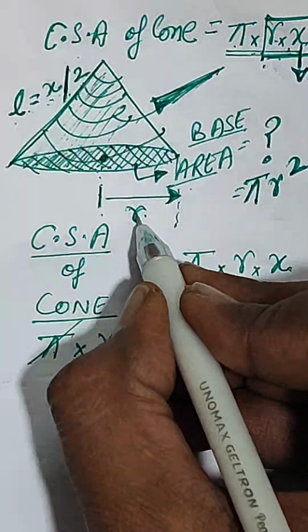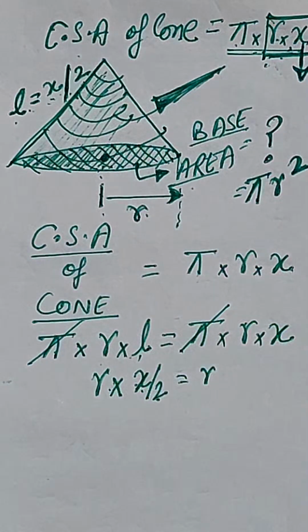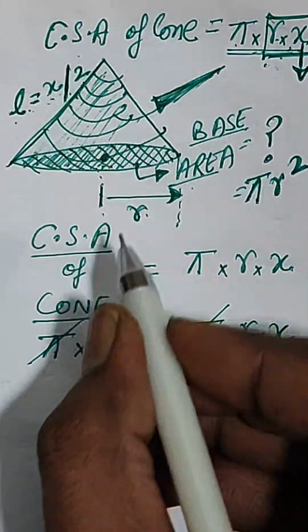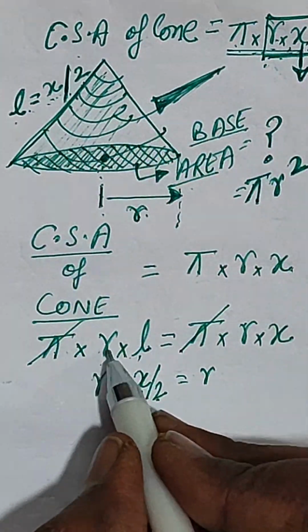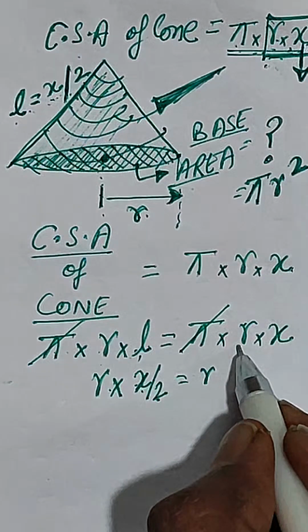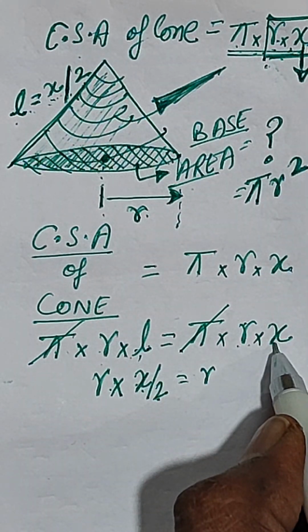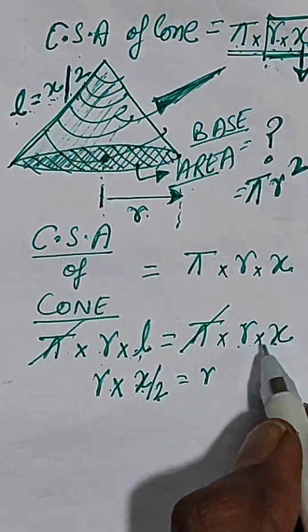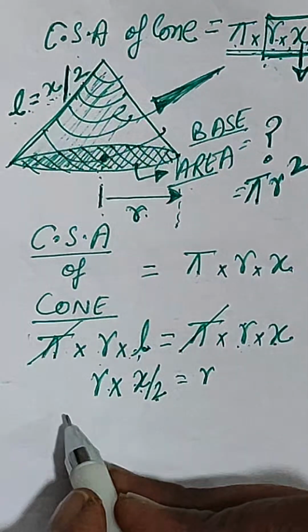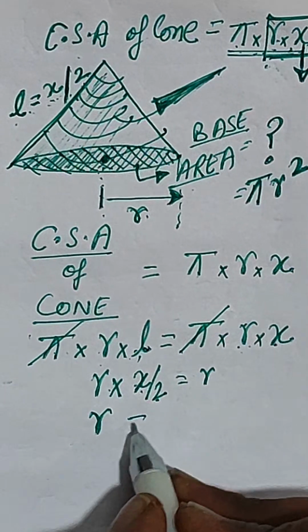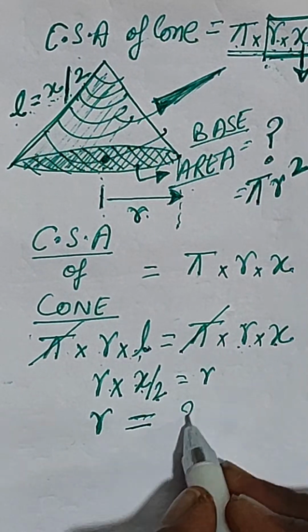So the radius of this cone is calculated if you compare pi r l as equal to pi r x, right? Then since L is x by 2, we can simply say that the radius of this cone is equal to nothing but 2r.